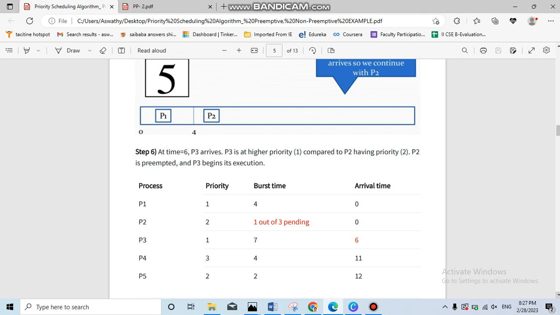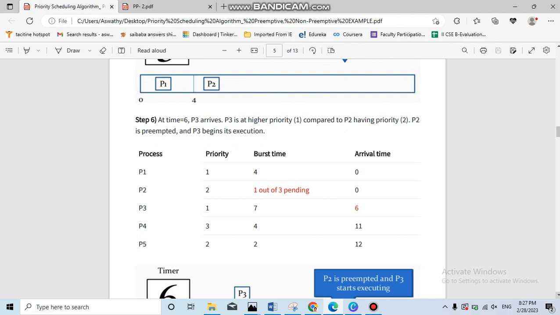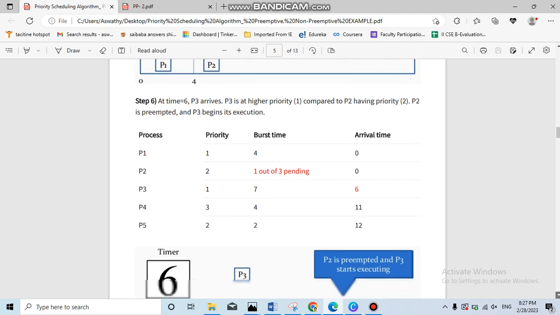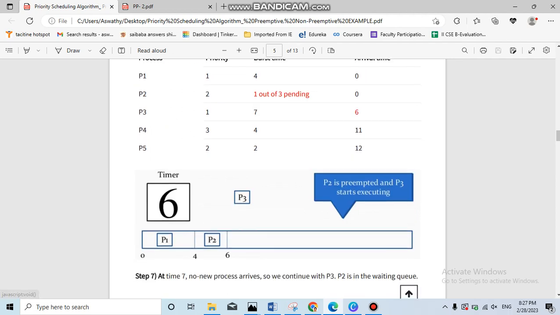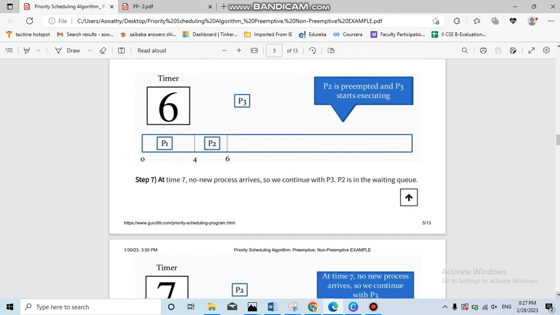P3 comes holding the highest priority, so P2 waits inside the queue with the remaining 1 burst time, and P3 starts its execution.